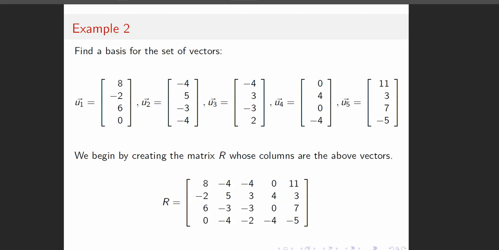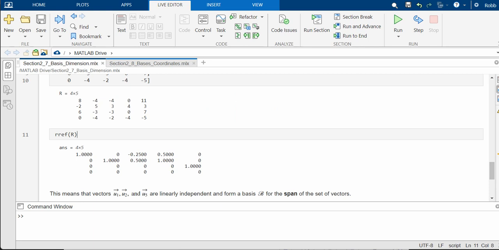So what do we have? Well, if we only have 3 vectors in the basis, then at most we're spanning a 3-dimensional subspace. Let's jump back to MATLAB for just a moment. These 2 vectors can be written as linear combinations of u1, u2, and u5.